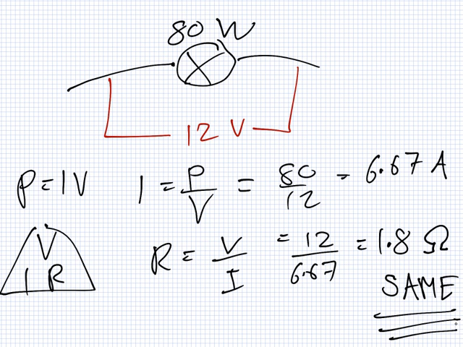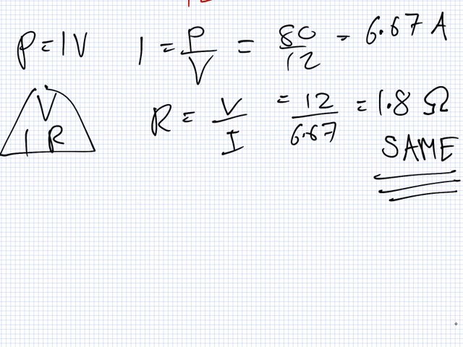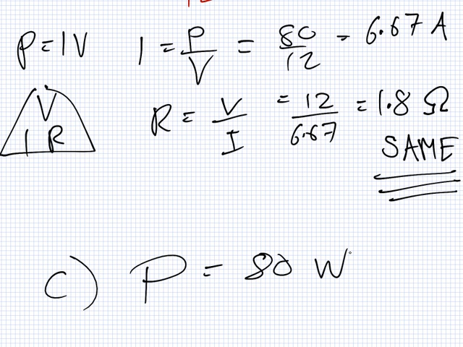Oh, sorry, C. Well, 1 mark. Look. C is 1 mark, which means you should be able to do it very quickly. I can tell you the answer straight away. If the power on the output is 80 watts, then the power for the input must be 80 watts as well.